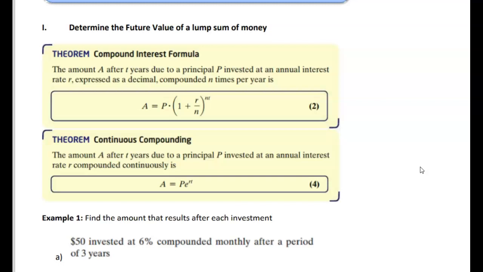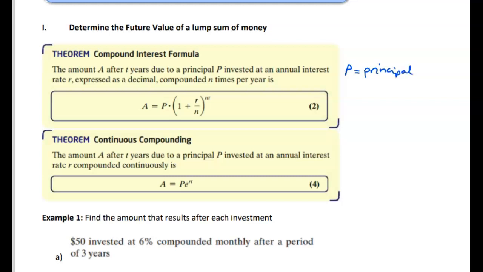The first one: A equals P, parentheses 1 plus R over N, to the power NT. This refers to investing or spending an amount of money, which is P. P is called the principal amount.